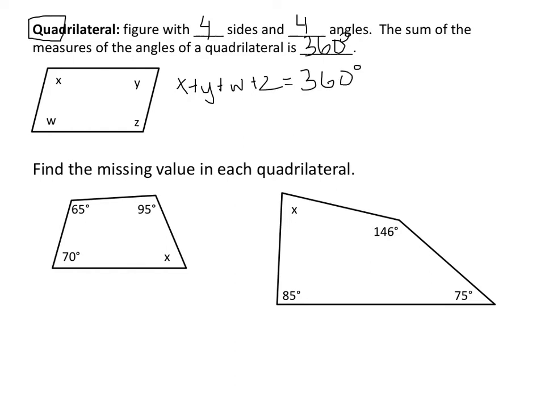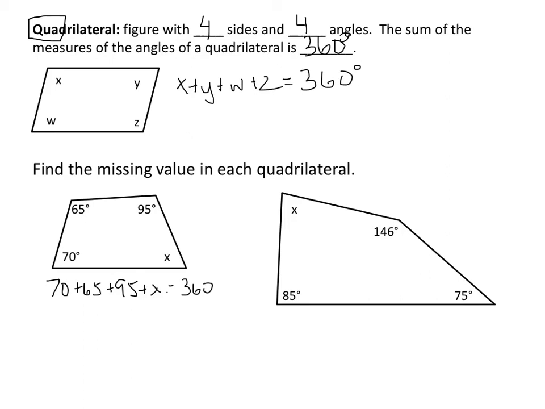So using that information, if you want to go ahead and pause the video and try these two on the bottom, see if you can find the missing angle measure. So this is much like what we were doing with the triangles. So 70 plus 65 plus 95 plus x needs to equal 360.